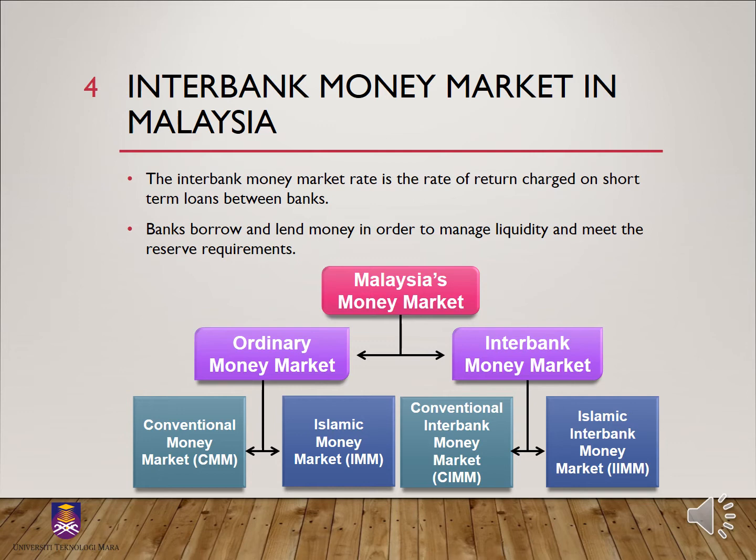For the ordinary market, meaning for the banks and their customers, whereas in Malaysia we also have the Islamic interbank money market and also the conventional interbank money market, mainly for the banks to transact with one another.